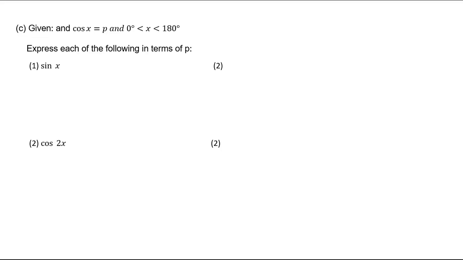All right, let us look at this one here. We are given that cos x is equal to p. I don't know why I wrote the "and" between given and cos.